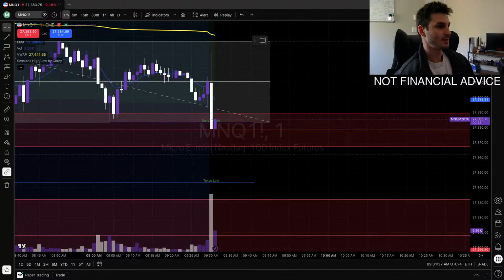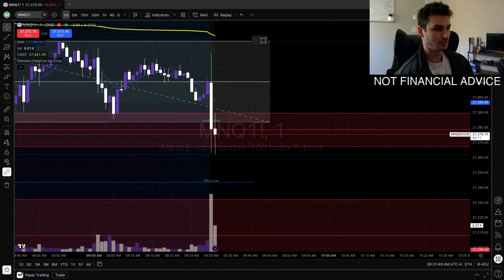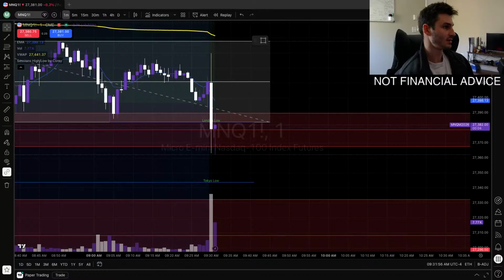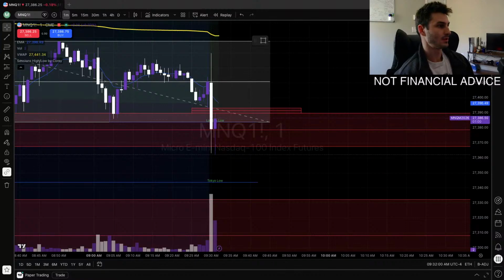See if we can make an inverse forming, we might. Get a tiny inverse here. So let's see what we do with that. We took out London session lows.